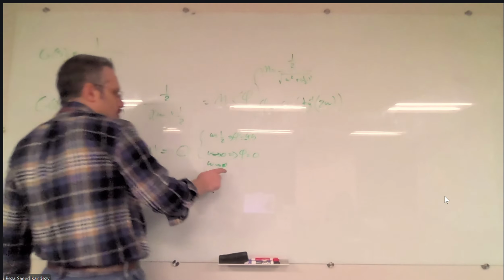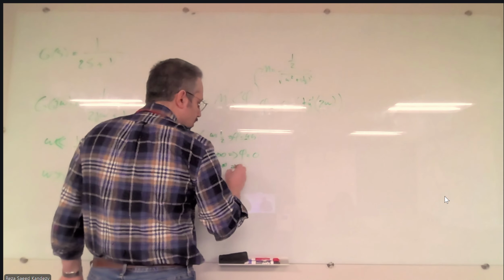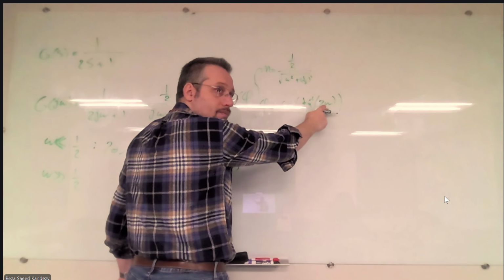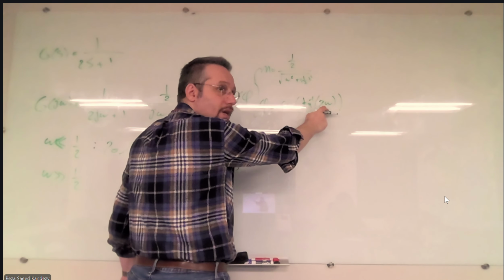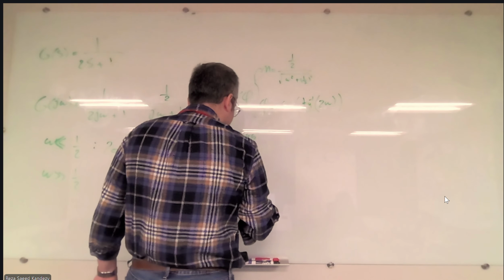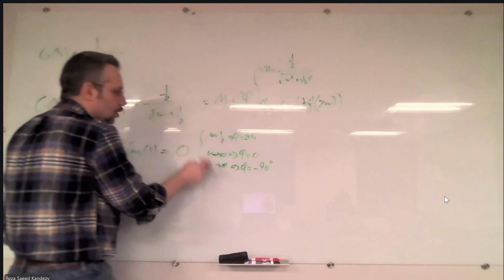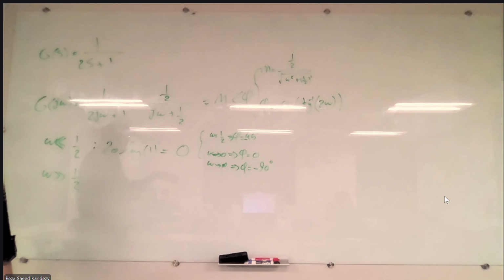So if that's the case, then what's going to happen is tangent inverse of infinity, which is minus 90. So at that point we have minus 90 degrees. So now we know what the phase would be.